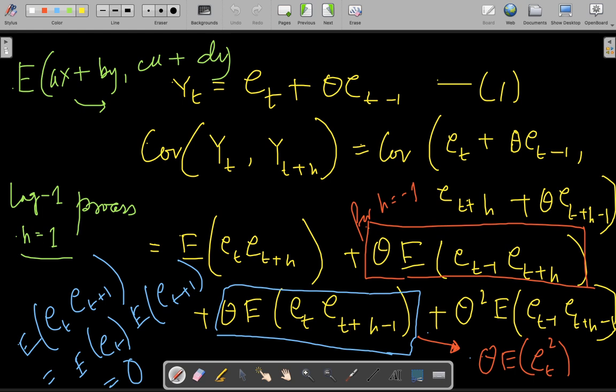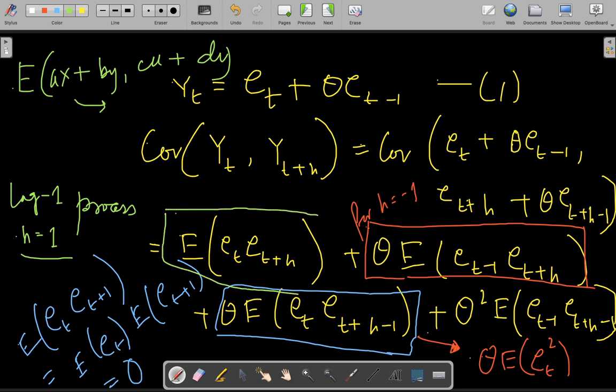If that is the case, then my first term is et square, which is clear. The second term is going to vanish. The third term, with h equal to 0, is going to be 0. For the fourth term, h equal to 0 means I have another variance term, et minus 1 square. If I use h is equal to 0, these terms are going to contribute to our covariance.